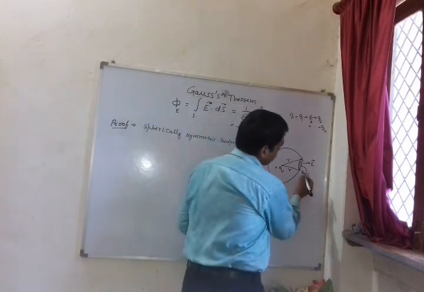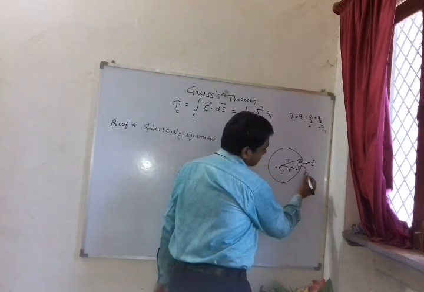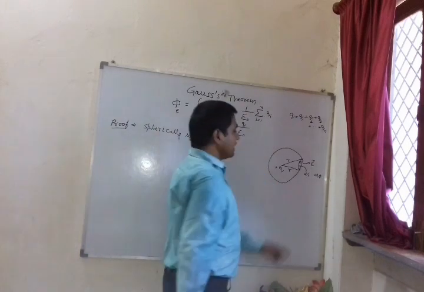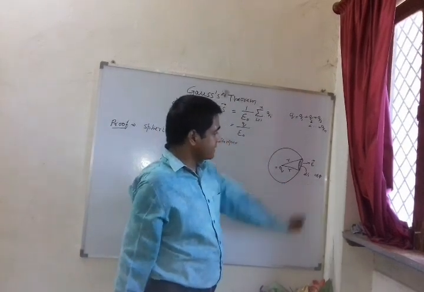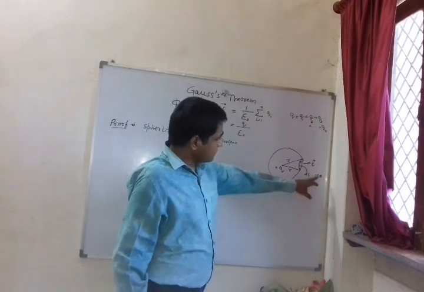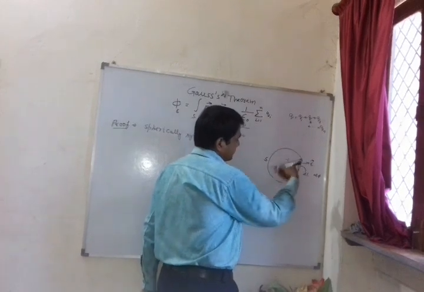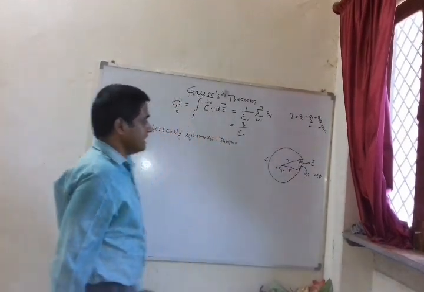So let us consider the flux going through this small surface ds, that is d phi. तो सबसे पहले हम d phi कैलकुलेट करेंगे और इस d phi को इंटीग्रेट कर देंगे, तो हमें इस टोटल सरफेस S के अक्रॉस जो फ्लक्स है वो मिल जाएगा.